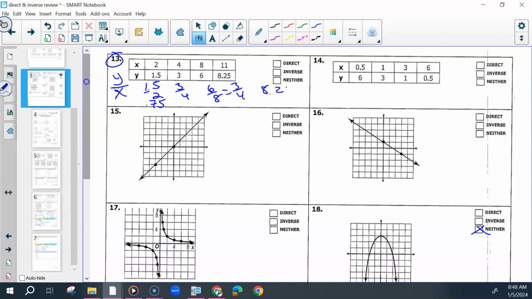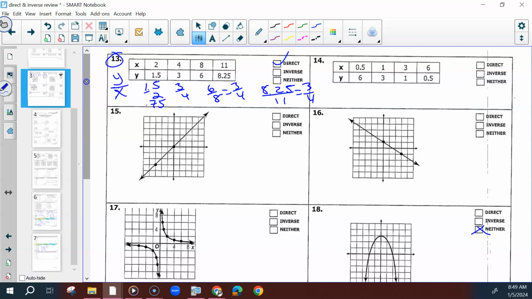And 8.25 divided by 11 is also 3/4. So because it's 0.75 or 3/4 for all of them, it is direct.